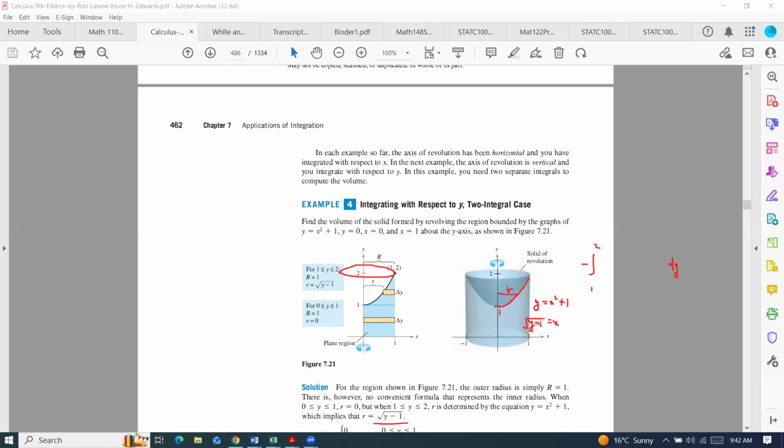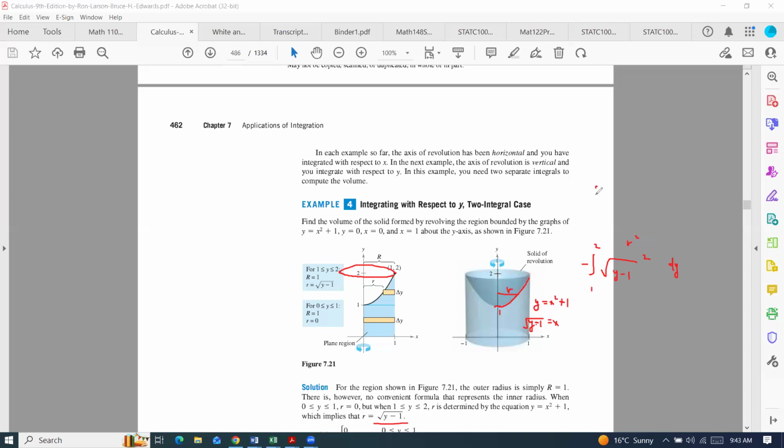So you can always pull out pi, and then you use this little radius squared. So it will be the square root of y minus 1, and it's not that bad because it has to be squared. It's r squared, so the square root will disappear and you will get something nice. Well, for themselves, they decided to use a nice exercise. And this is going to be subtracted from the volume of the cylinder.